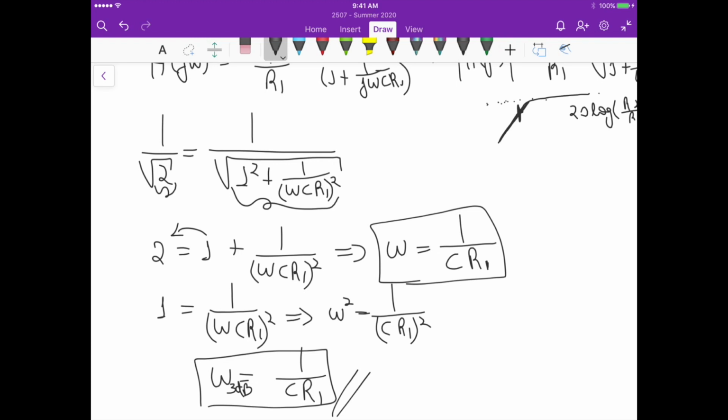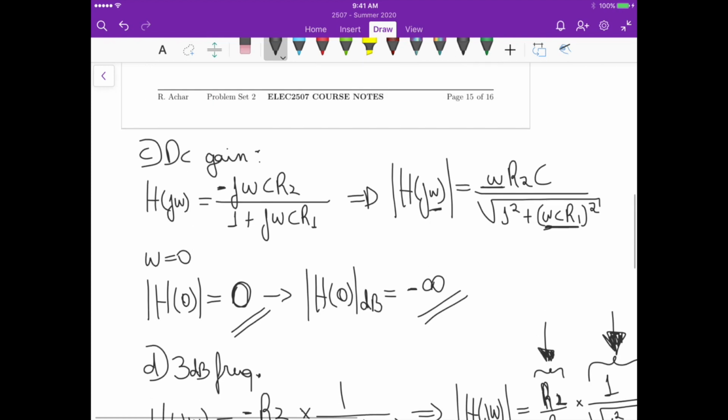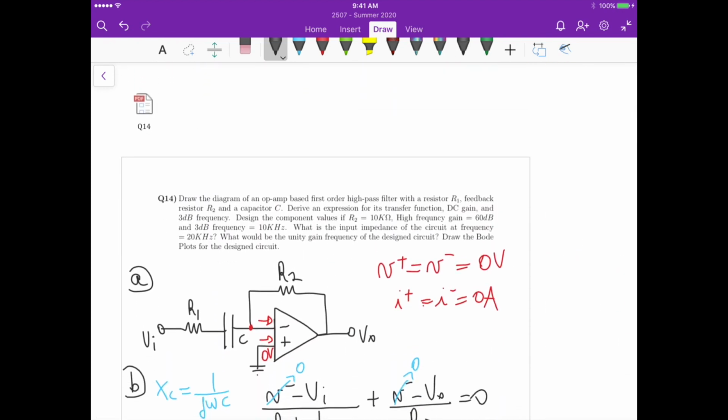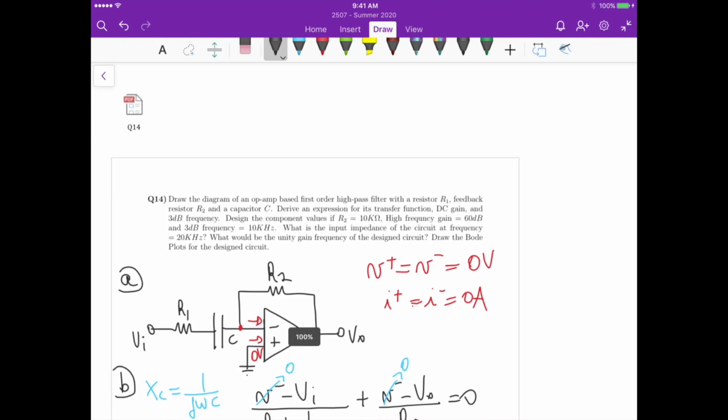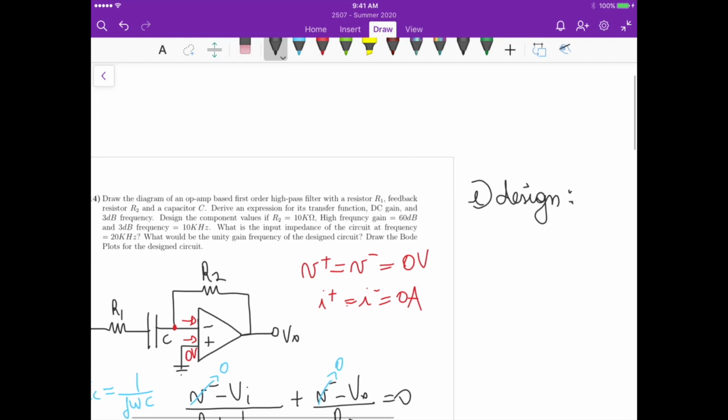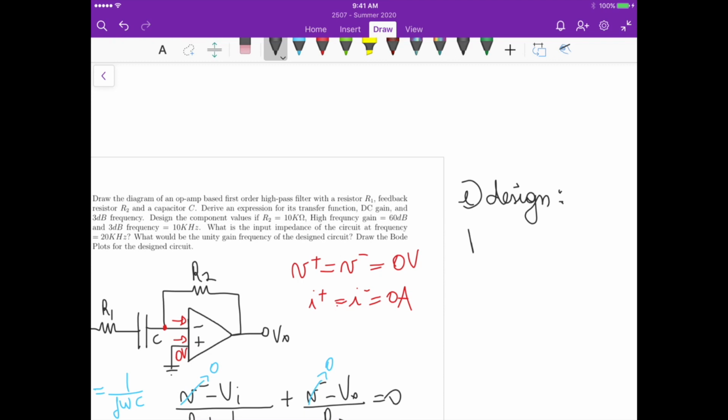Now for part E, we have a design. If I go up there again on the statement, we have to design the component. So for the design, we have R2 equals 10K, so this is given.